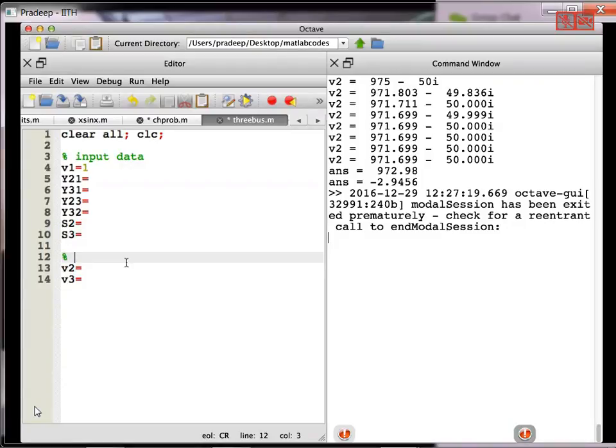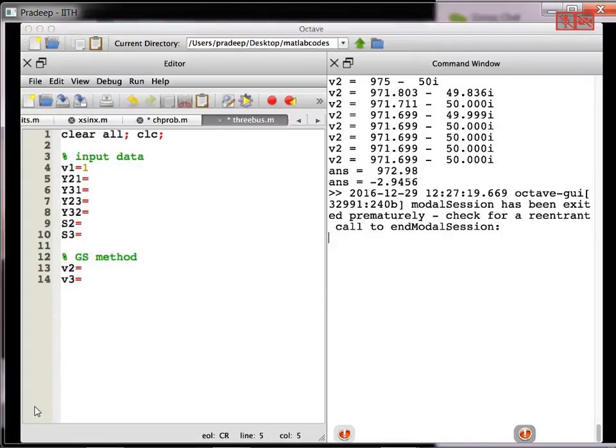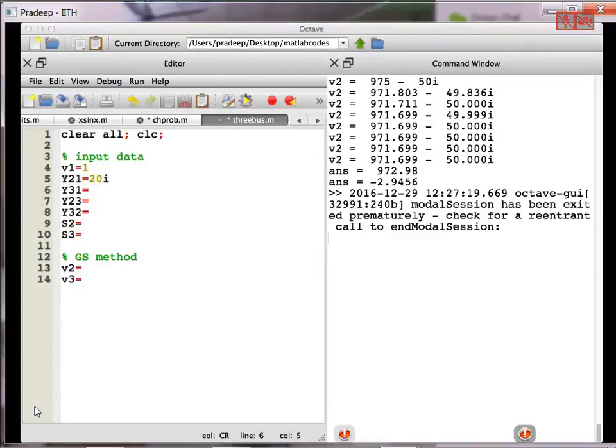So this is the Gauss-Seidel method. Let me just enter the values. What is Y21? Second row, first column. So this is 20j. And what is Y31? Third row, first column. So that is 0. And what is Y23? Second row, third column, j50.